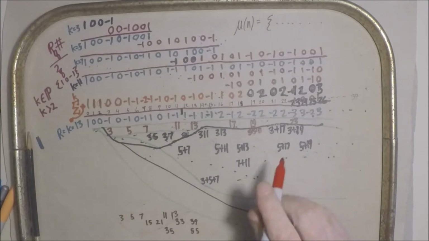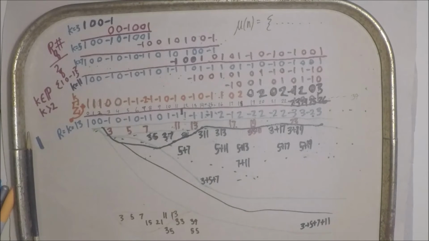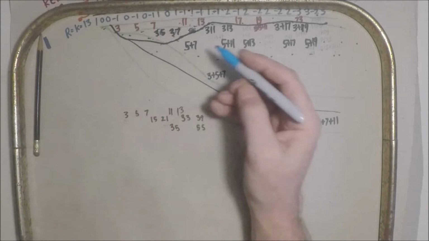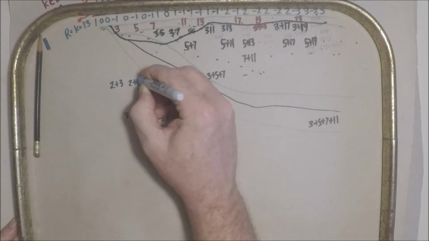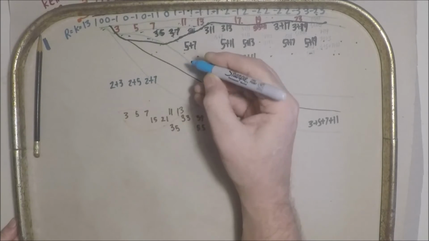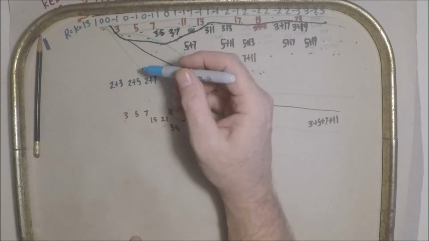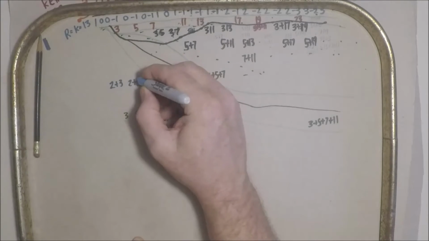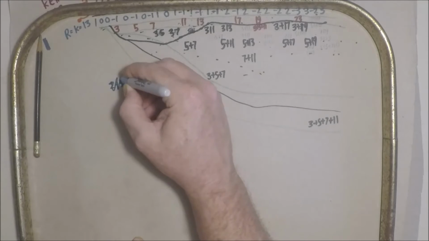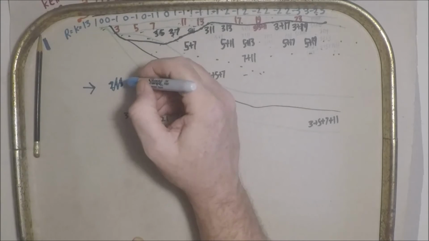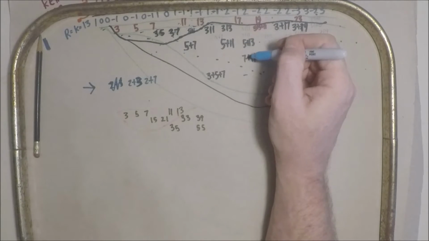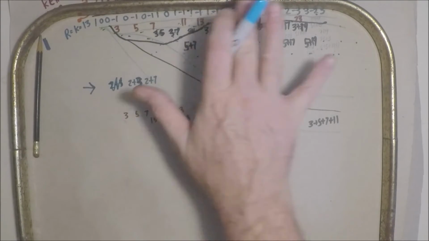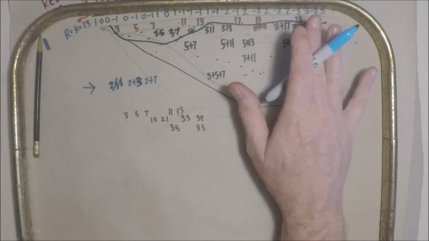Now imagine that we place a 2 in front of every one of these. We'll end up with something like 2 plus 3, 2 plus 5, 2 plus 7, etc. Except I'm already wrong because 2 plus 3 is 5. So let's put a 2 plus 3 here. So we're advancing 2 because we're adding 2 to every partition, and so this whole thing is advanced 2 places in one fell swoop.